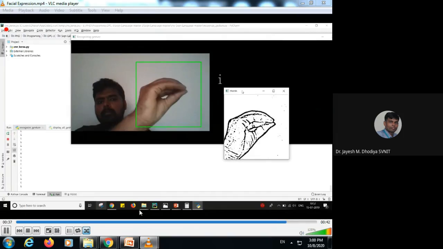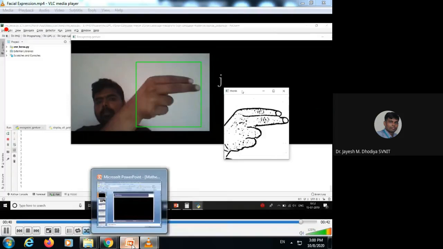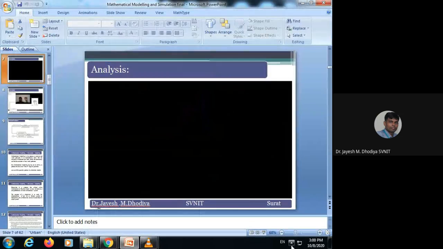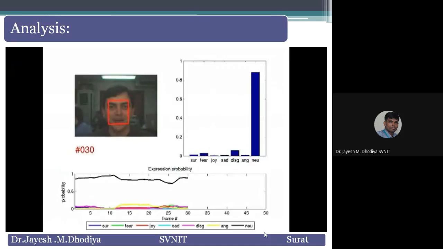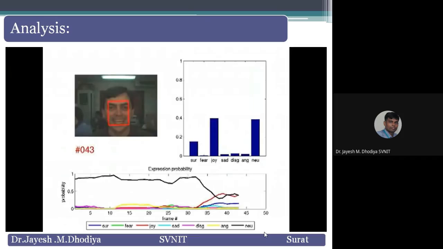Our target is to help mute and deaf people communicate. They communicate with each other, but sometimes we have no idea what they are communicating.